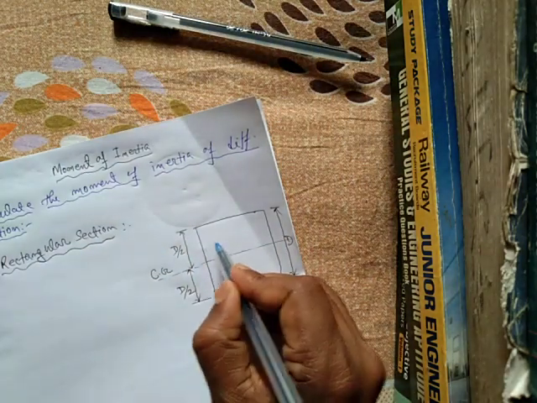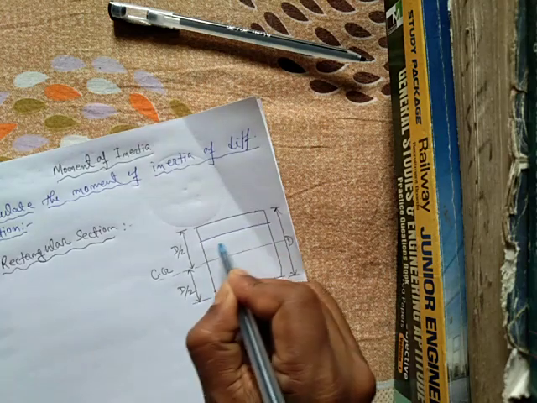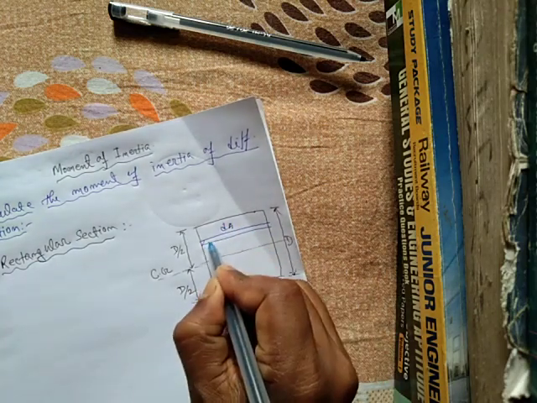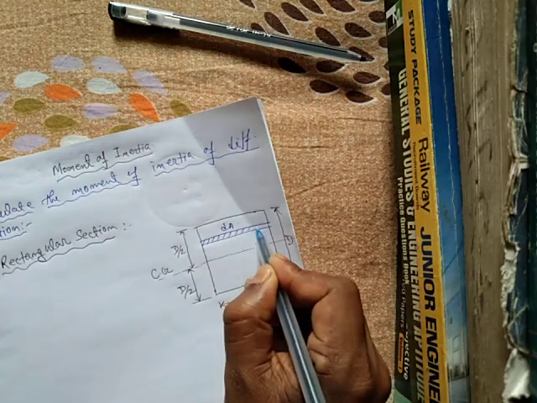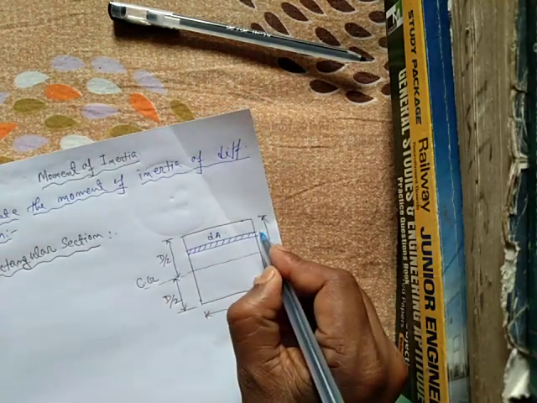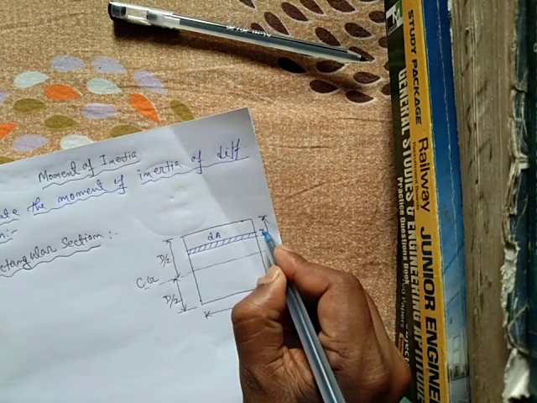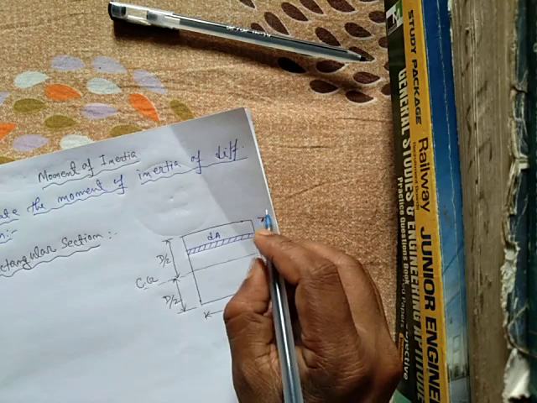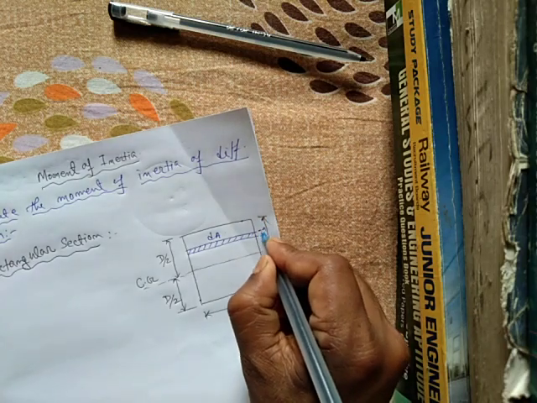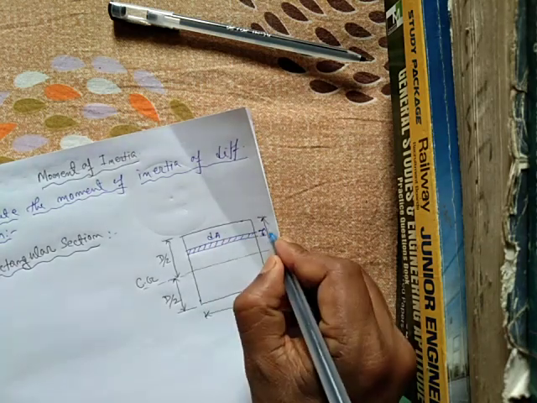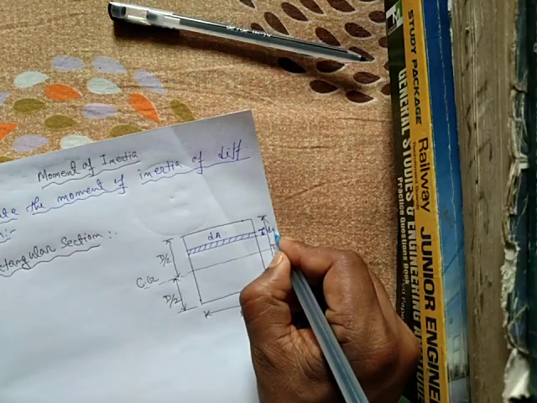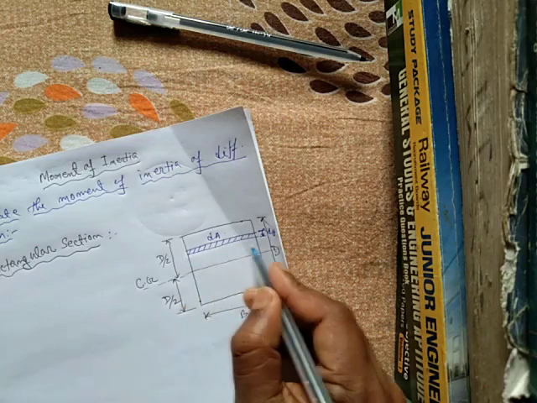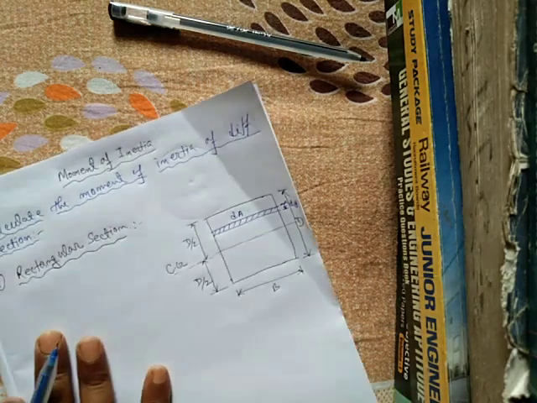Let us consider a small elementary area dA. Let the depth of this elementary area be dy and the breadth of the elementary area be b.